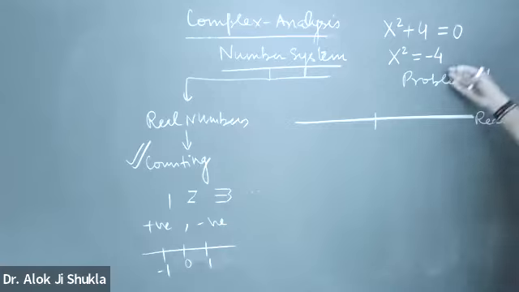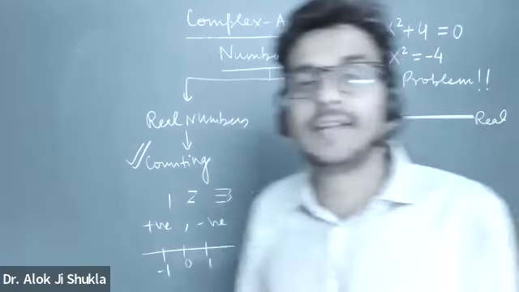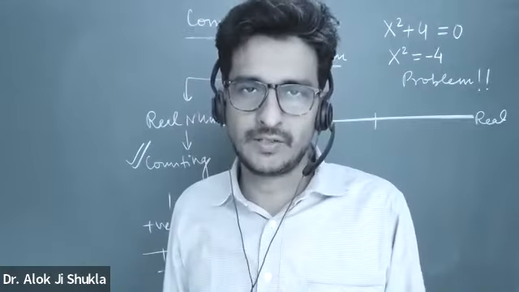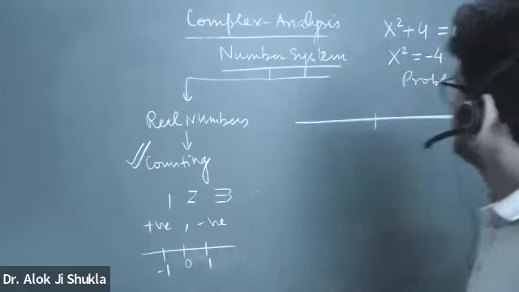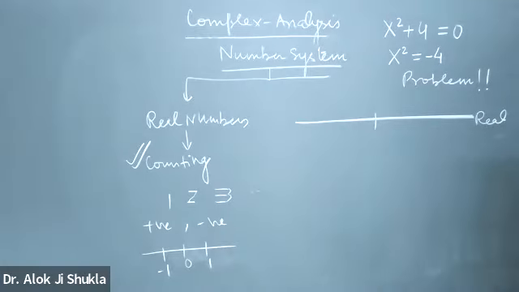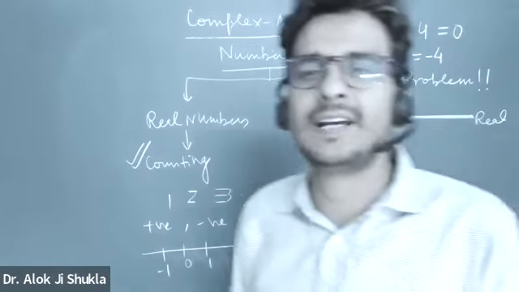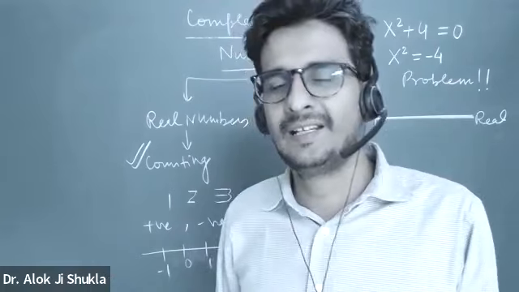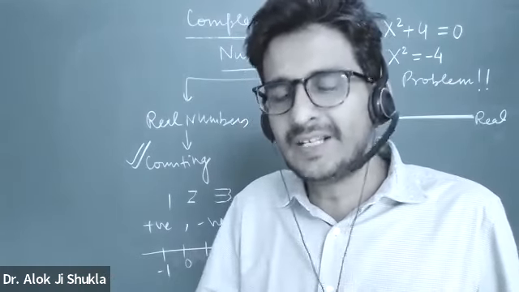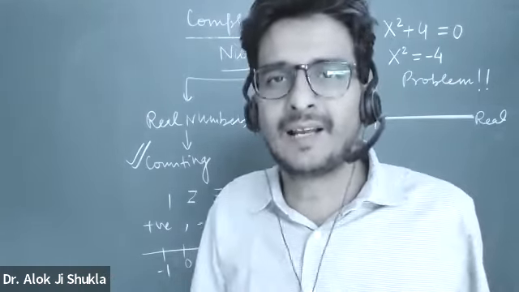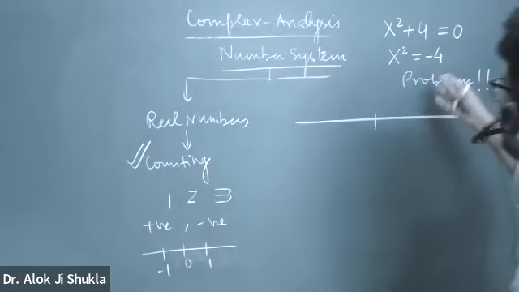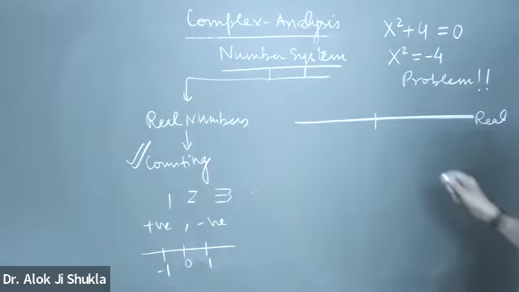So this appeared as something very, very strange to the mathematicians. That's why later on you will see that they were called imaginary numbers. Now this problem was handled in a not very scientific or mathematical way, but a very simple solution was found.